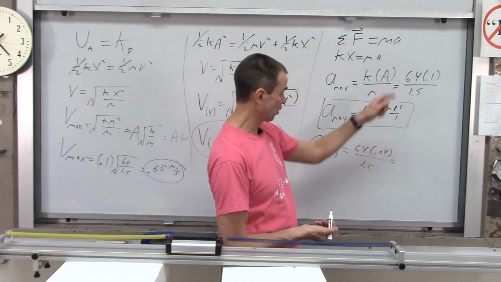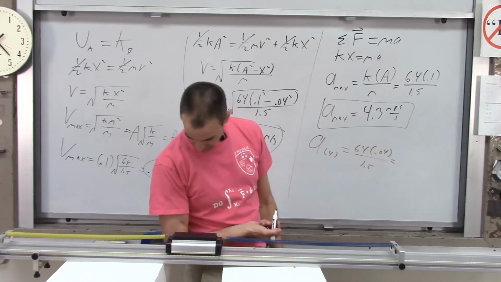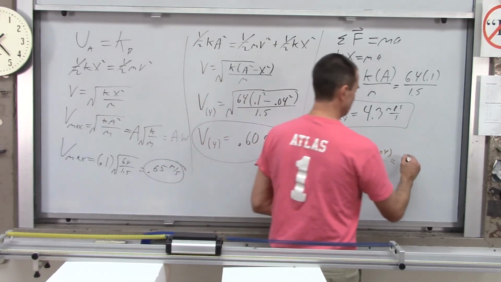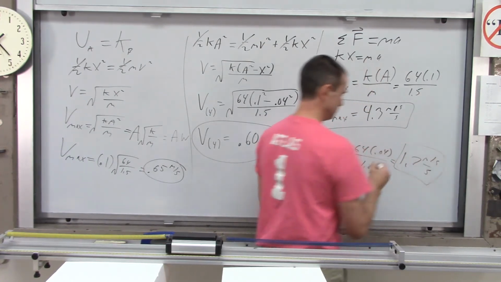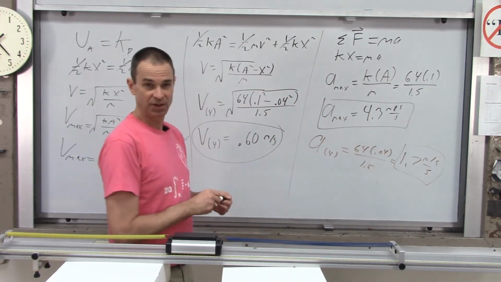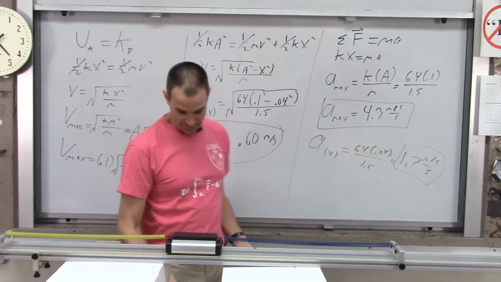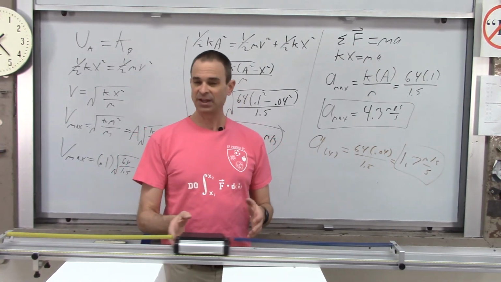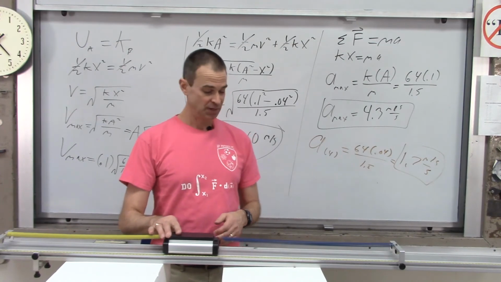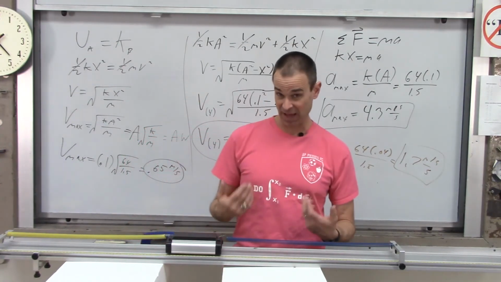And when I did that, I got 1.7 meters per second squared, okay? So that's a linear function. So that's an example of an oscillator, a simple harmonic motion, using energy to find velocities and such.